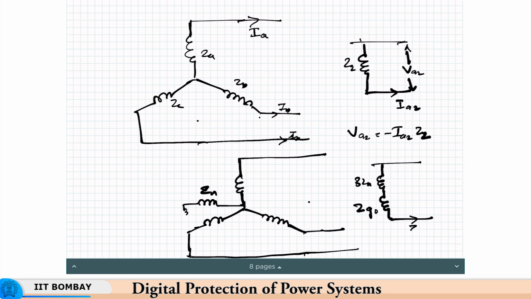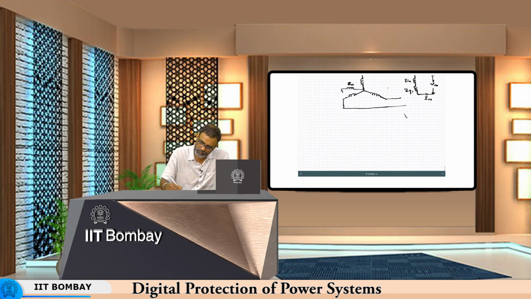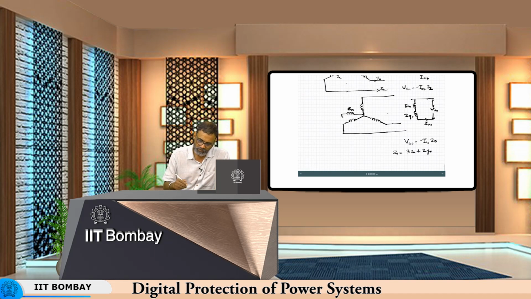This will be Ia0, Va0. Okay. So, Va0 is minus Ia0 Z0, where Z0 in turn is equal to 3 Zn plus Zg0.